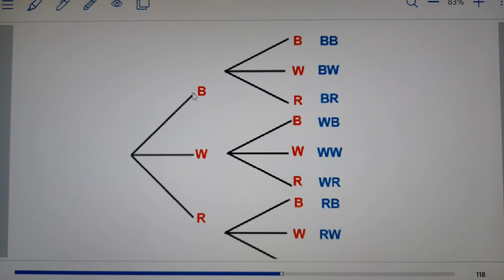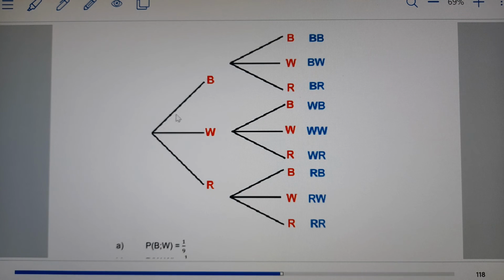When we draw for the first time, we can only pick up blue, white, or red. Then we draw for the second time. This is the second draw, but each and every first outcome must have the second draw. So blue, white, red, blue, white, red, blue, white, and red at the end there.